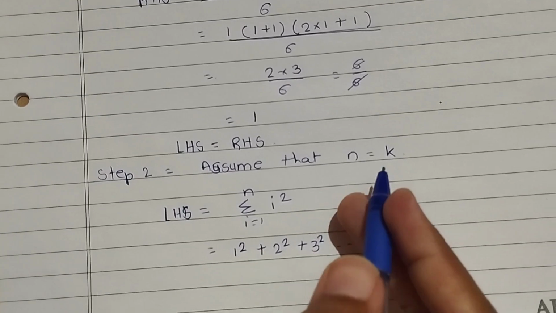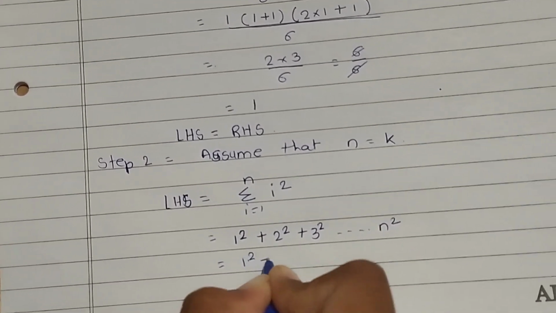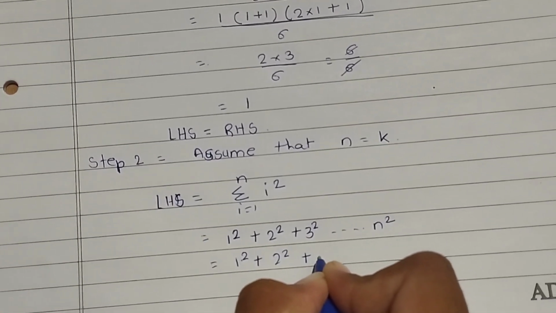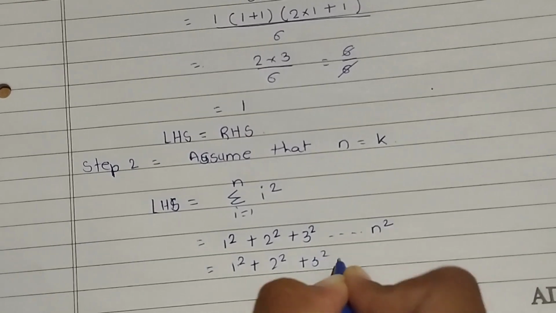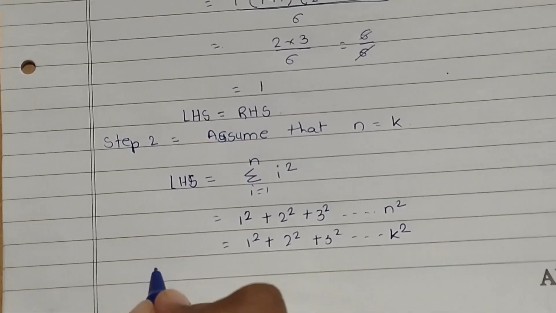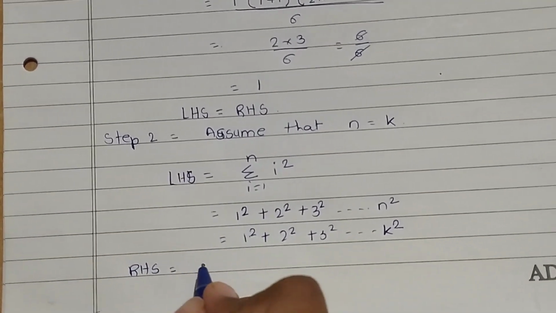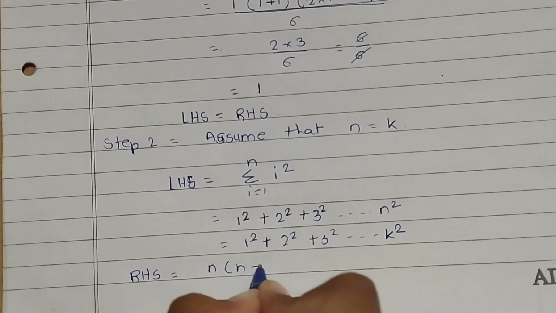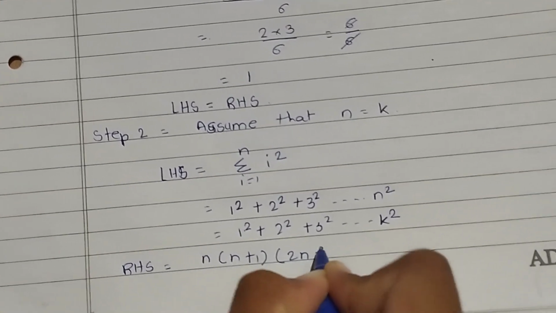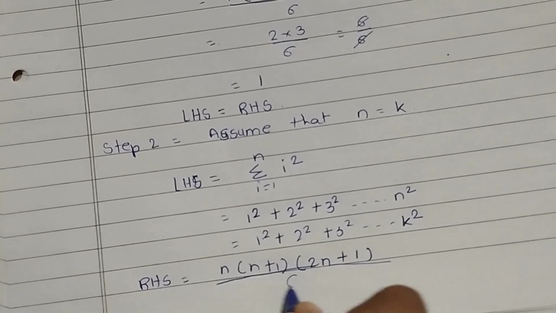So now we put n equal to k. We write 1 square plus 2 square plus 3 square up to k square. This is the LHS, and the RHS is equal to n into n plus 1 into 2n plus 1 divided by 6.